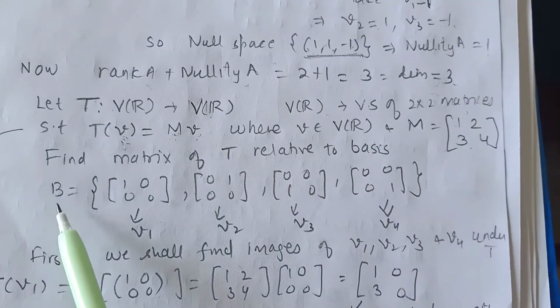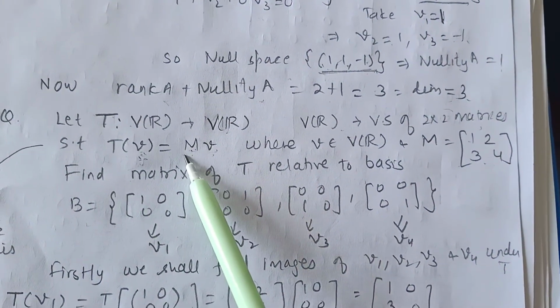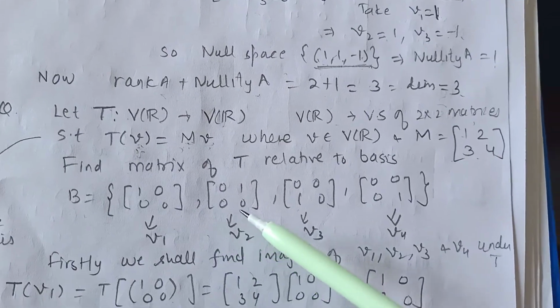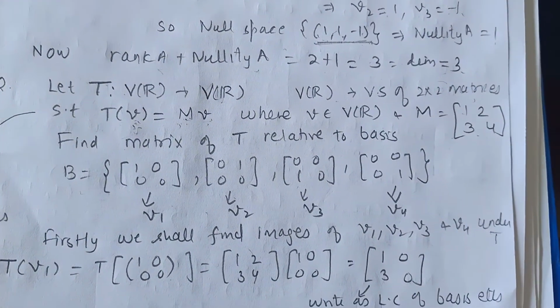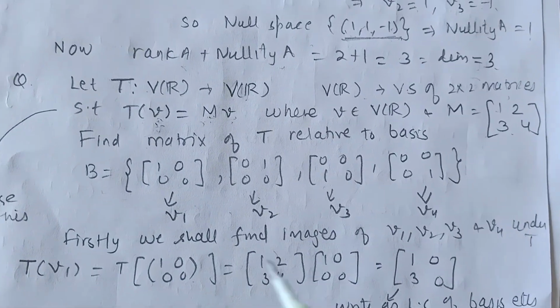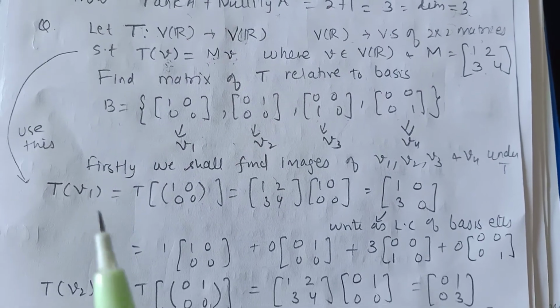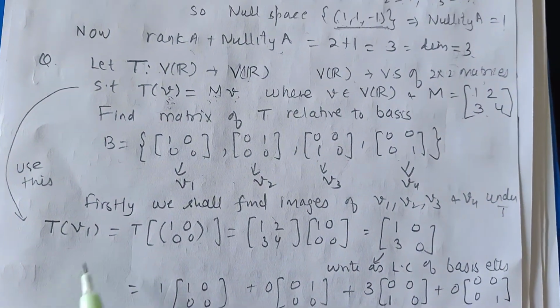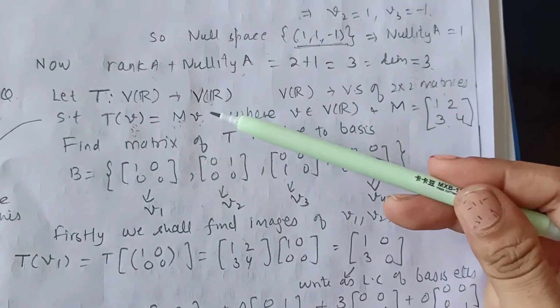So we are given a basis and we have to find the matrix of this linear transformation with respect to this basis. As we know, there can be many bases, so there can be different types of matrices also. We are given a fixed basis, we'll use this fixed basis. So firstly we will find images of all these basis elements with respect to the given transformation.